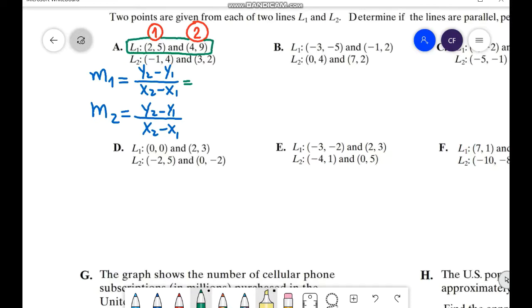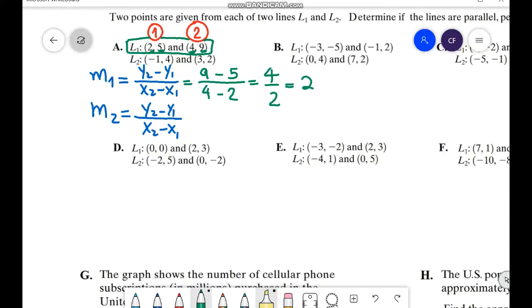Just be sure not to mix up. So only from line 1. y2 is 9 minus y1 is 5, x2 is 4 minus x1 is 2. And this is going to be 4 over 2.